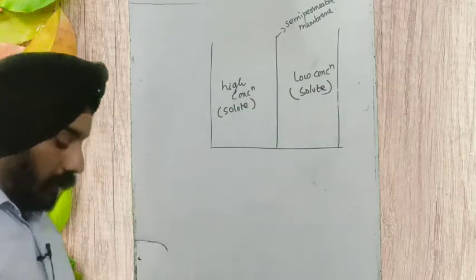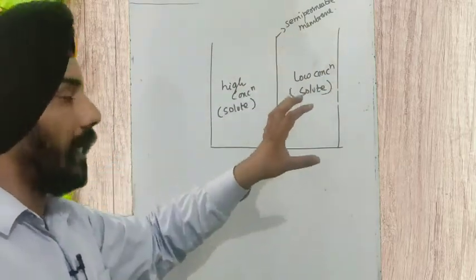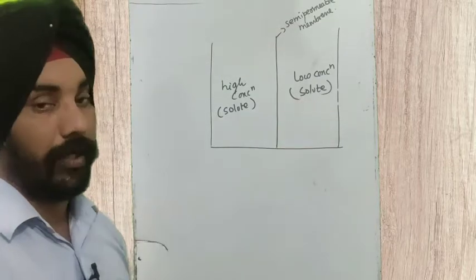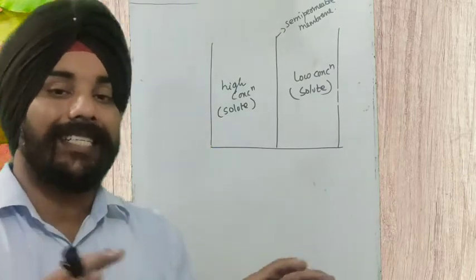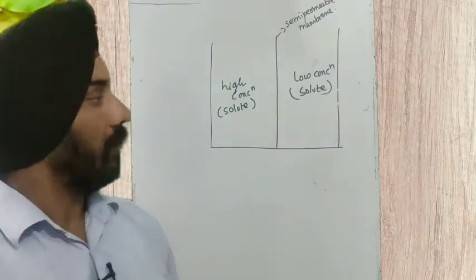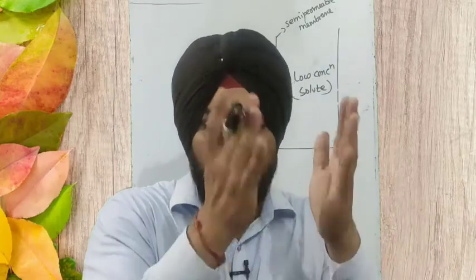Remember that the semi-permeable membrane allows only the solvent molecules. This process is about to equalize the concentration on both sides. When two solutions are kept in contact with each other, separated by a semi-permeable membrane, they will have a tendency to equalize their concentration.